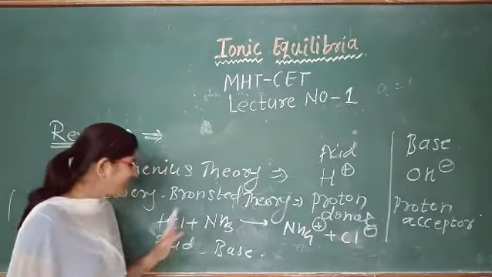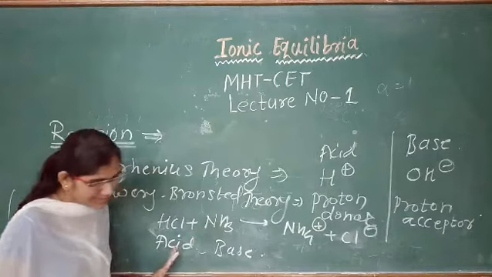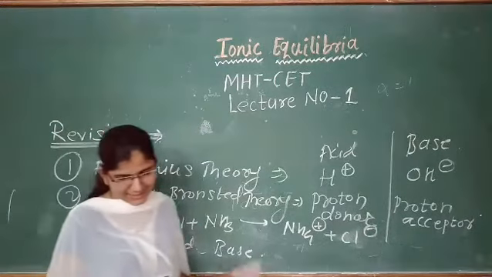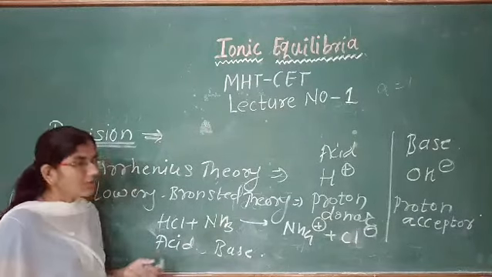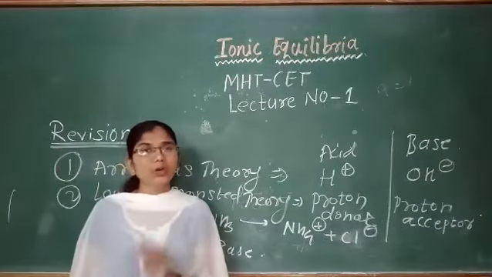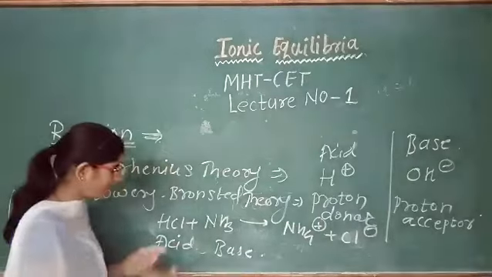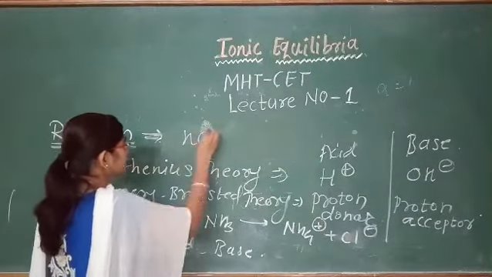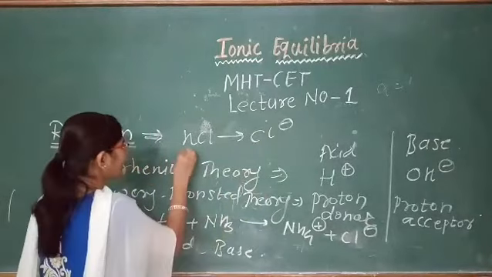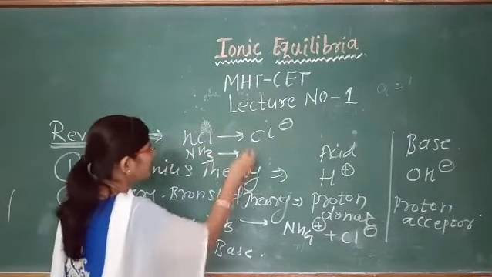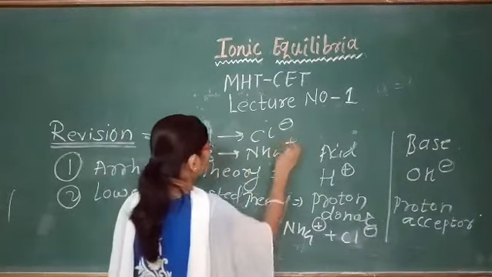But NH3 is the base according to the Lowry and Bronsted concept. Therefore, by donating and accepting a proton, this is an acid and this is a base. Here two conjugate acid-base pairs are formed: HCl with Cl minus, and NH3 with NH4 plus.